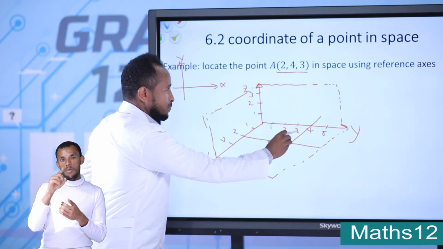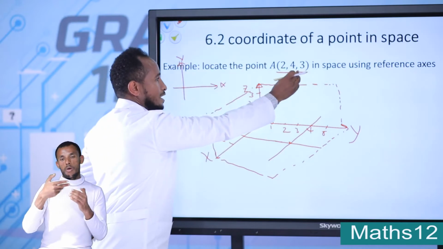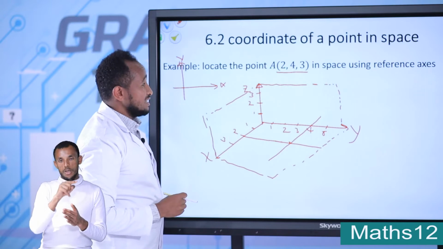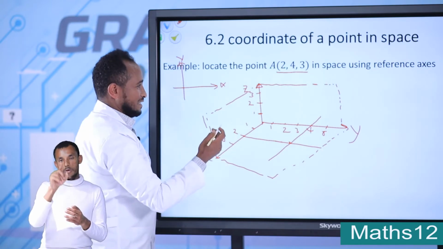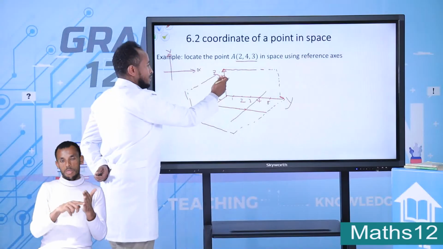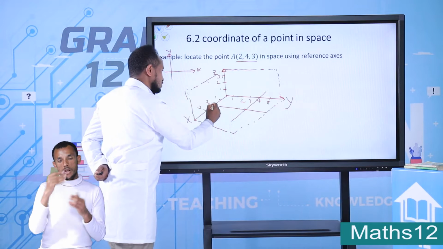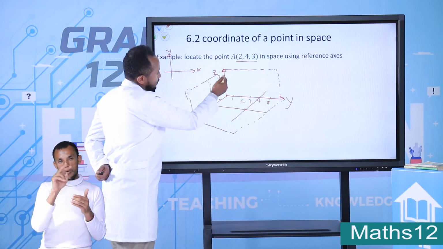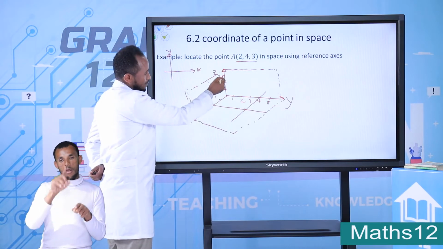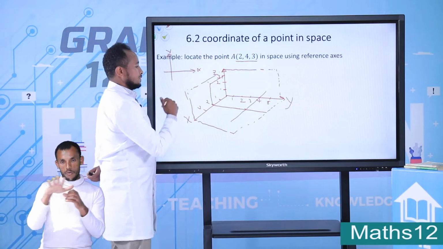Then just lift this point up to the height of z, which is 3, or you may draw like this. Just draw from this point parallel to the z-axis and equal in magnitude to 3. From this, draw parallel to the x-axis. So just try to fill a box.